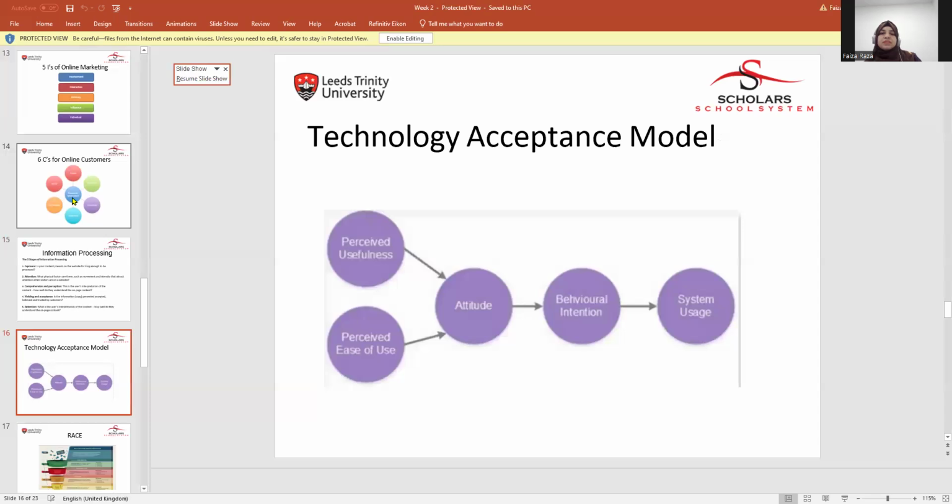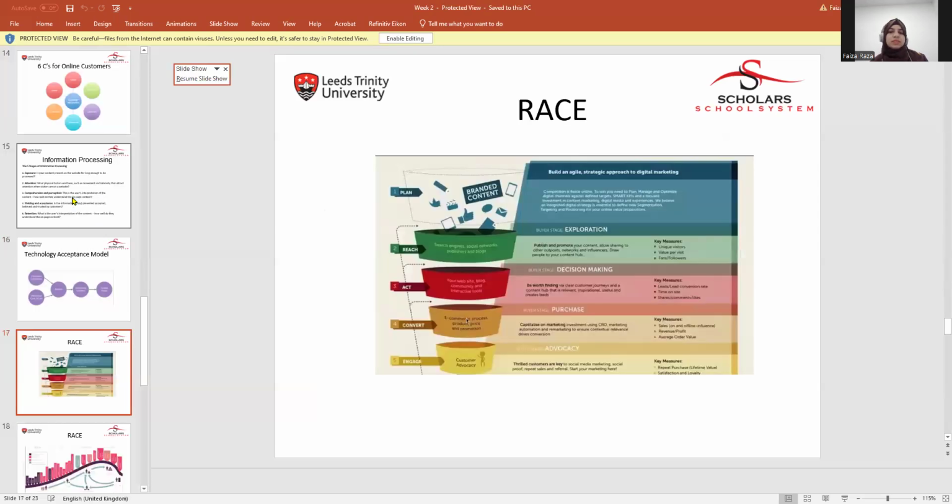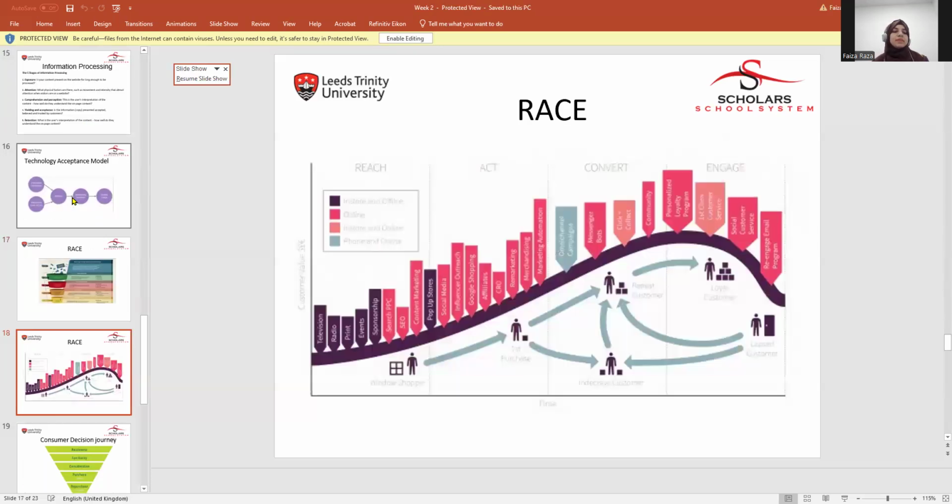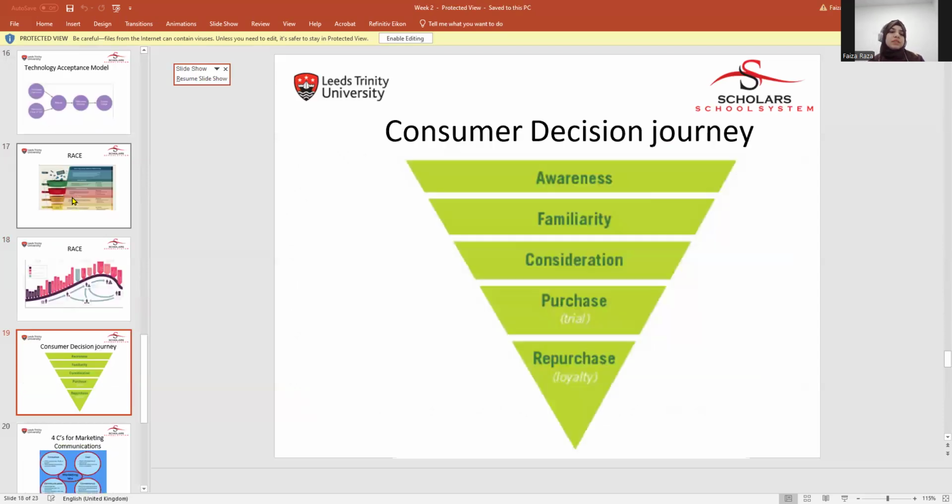The technology acceptance model is perceived usefulness and perceived ease of use, which go through attitude, behavioral intention, and then ultimately system usage. RACE we have discussed. The steps of RACE are reach, act, convert, and engage.